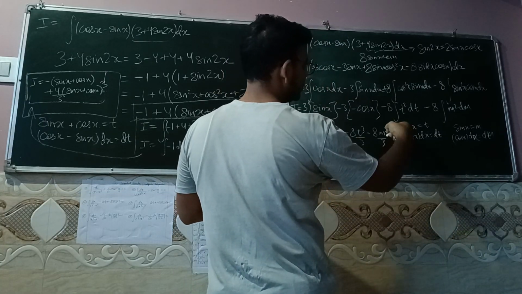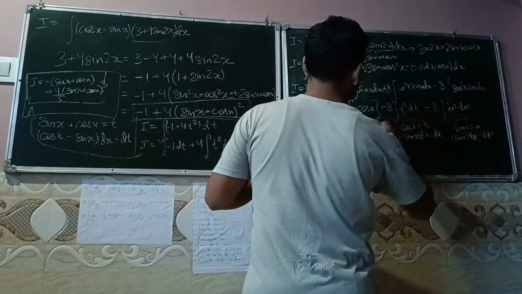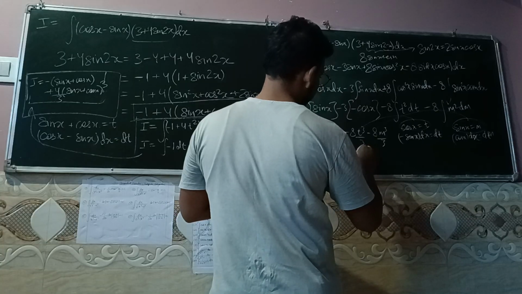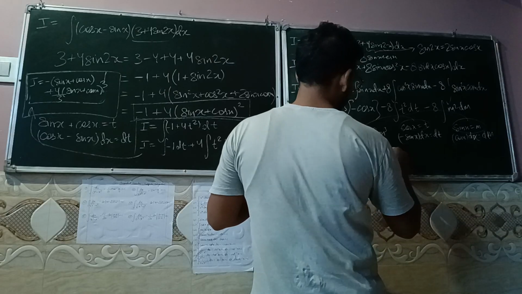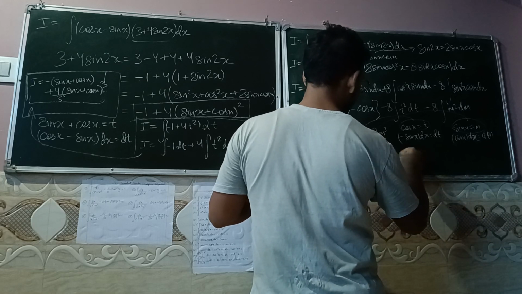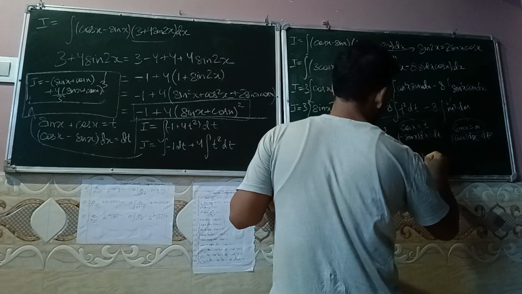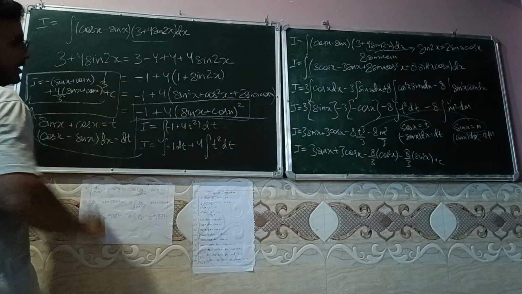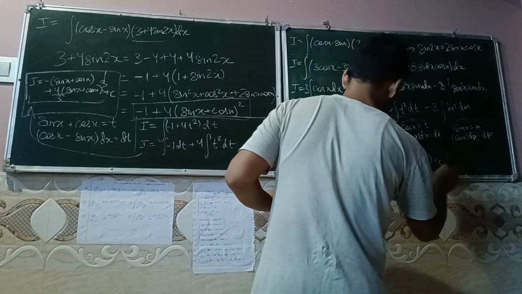Now just putting t and m in this: I is 3 sin of x plus 3 cosine of x minus 8 over 3 cos cube x minus 8 over 3 sin cube x plus c. Sorry, I did something very brutal over here. So according to my method, I got this answer.